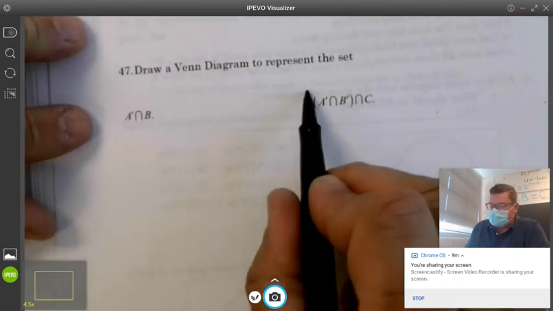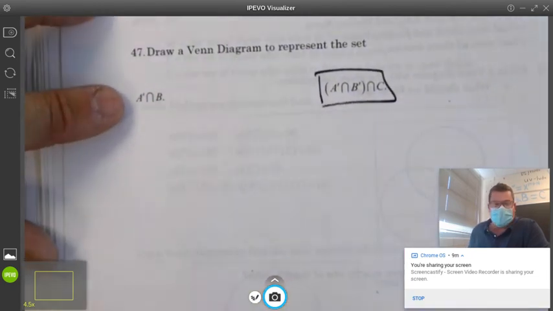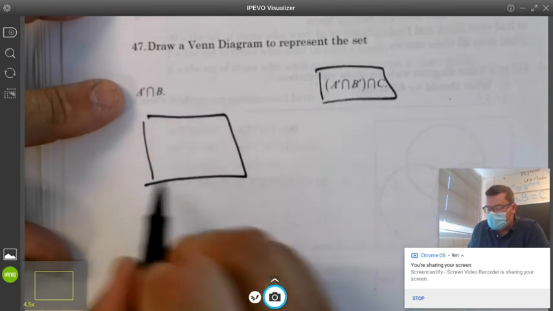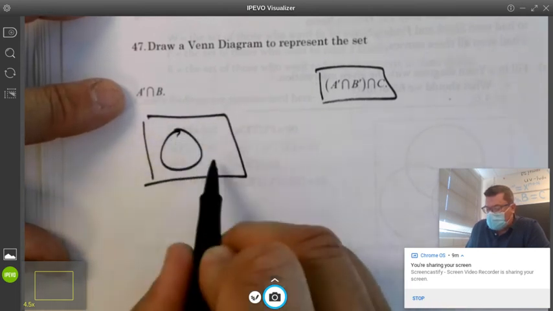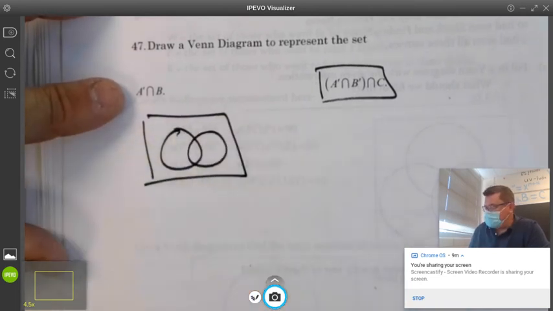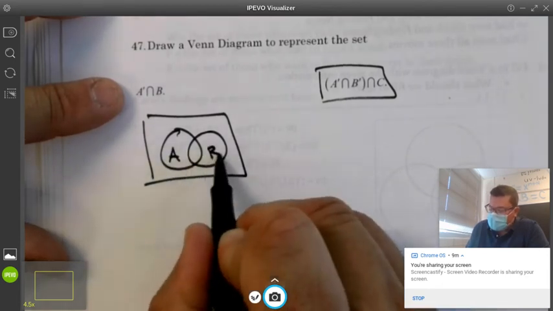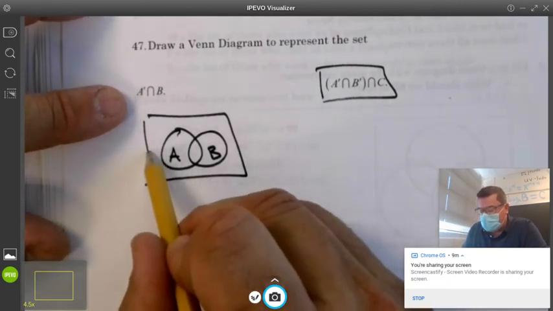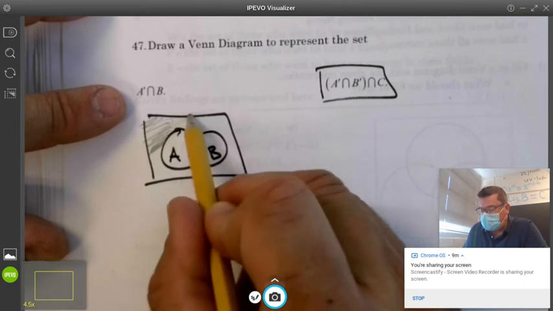This problem is exactly identical to that bat or vampire problem, but this one's a little bit different. Let's do this one together. A circle, B circle. Call one A, call one B. And now, let's shade lightly everything that's not in A, everything but the A circle.